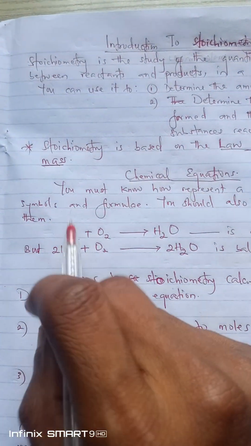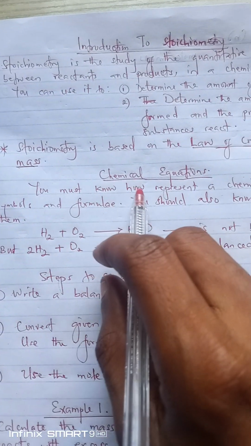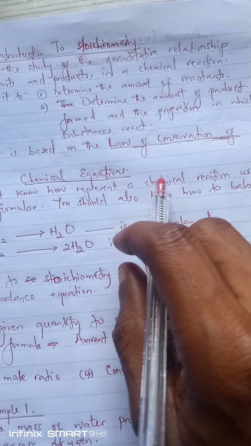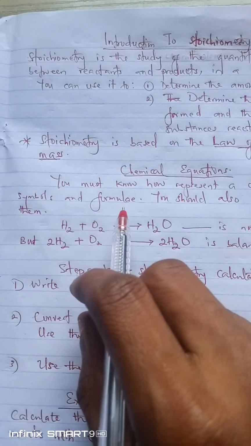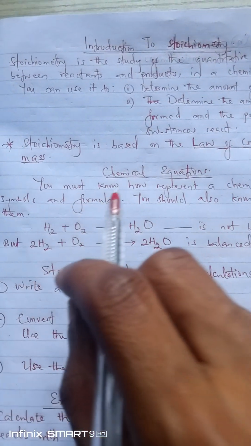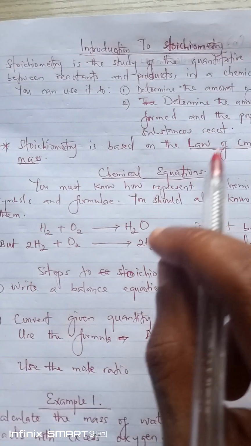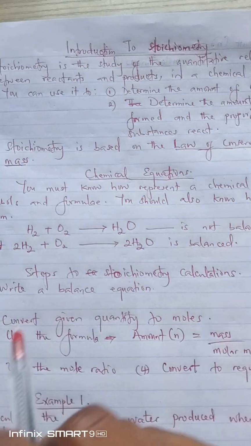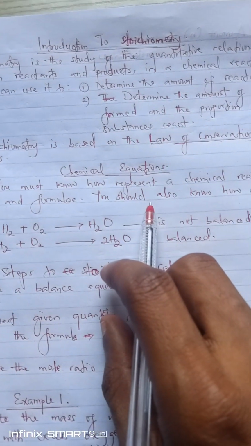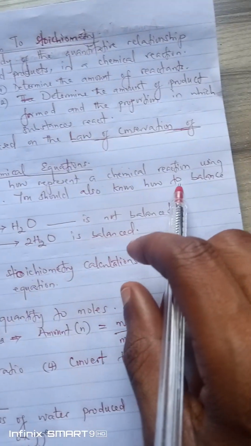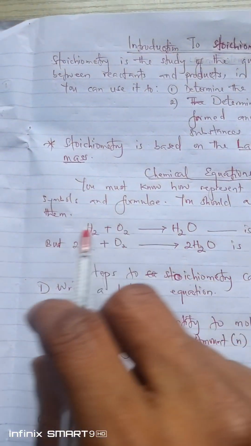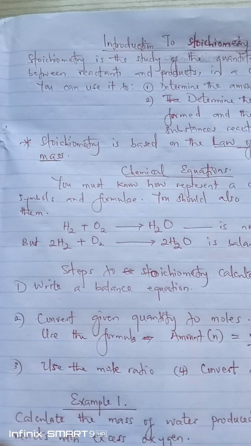Look at how I put it here. You must know how to represent a chemical reaction using symbols and formulas. When you use symbols and formulas to represent a chemical reaction, what you have is called a chemical equation. I also say that you must know how to balance the chemical equation.